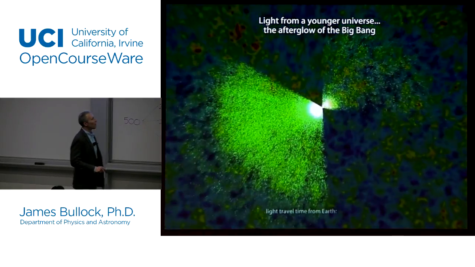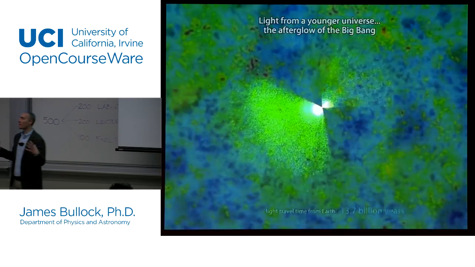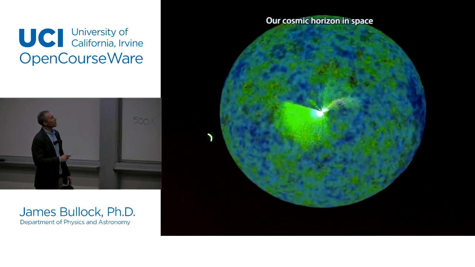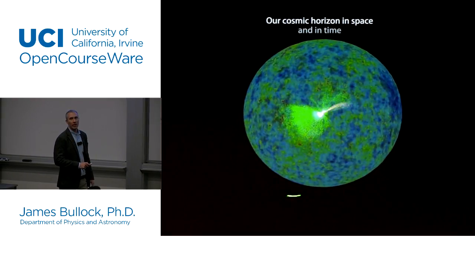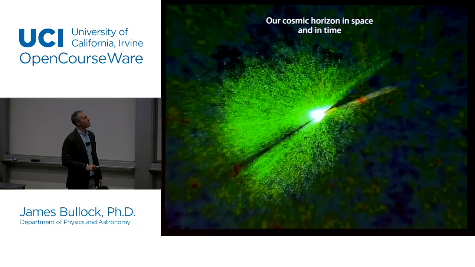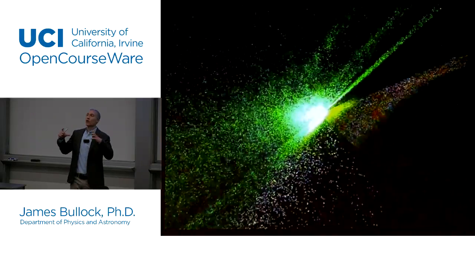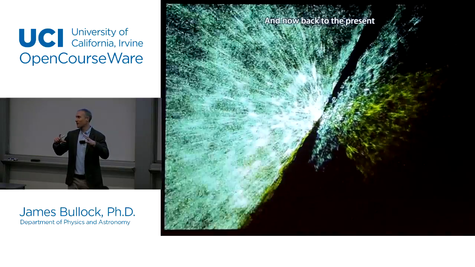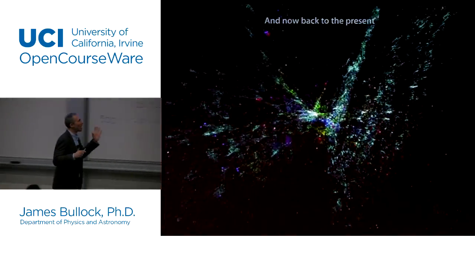And then this green ball is radiation that's left over from the Big Bang that we've detected and also mapped. The size of this sphere is about 14 billion light years. At least that's the light travel time. There could be a universe beyond that sphere, but we could never have seen it because the universe isn't old enough. And now it's just going to zoom back in.